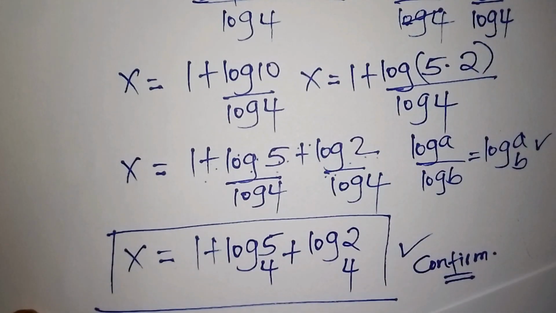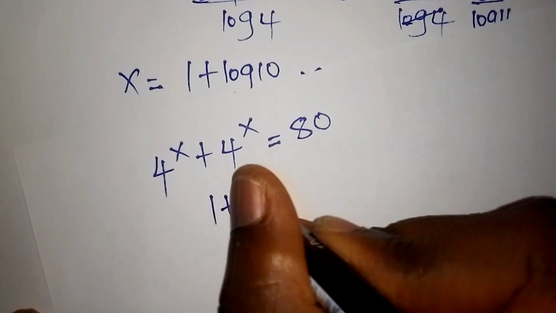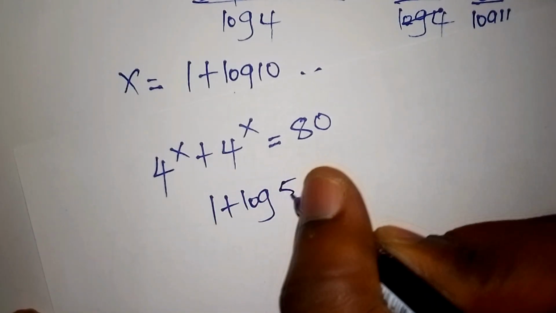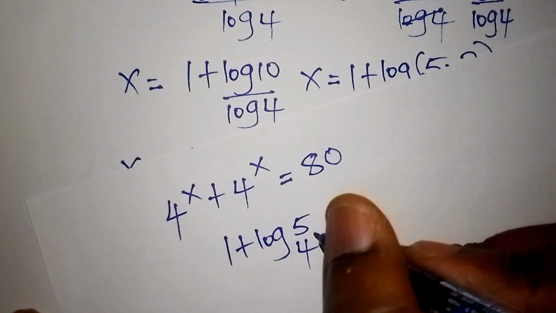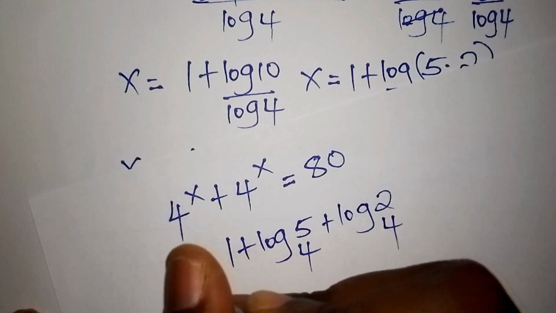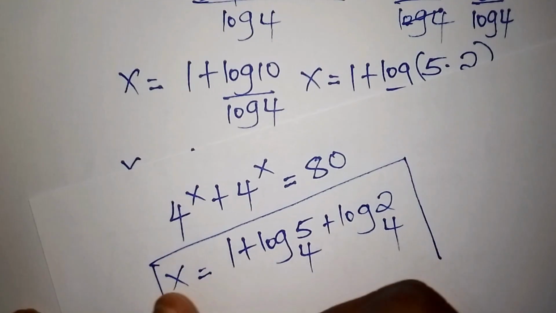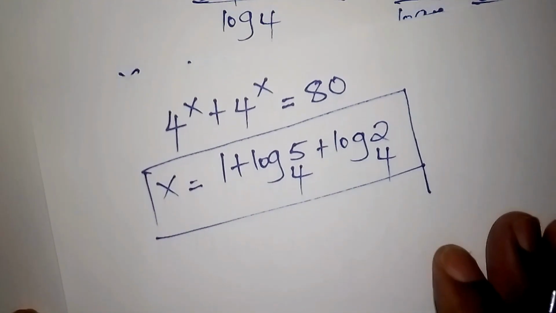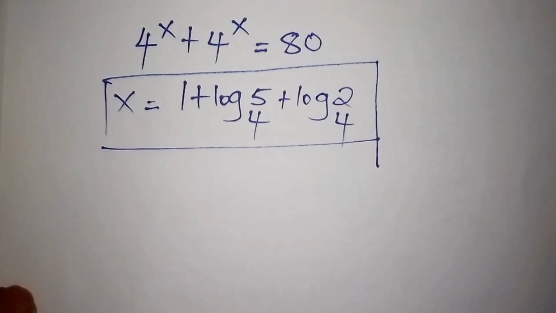So we got 1 plus the log of 5 to the base of 4, then plus the log of 2 to the base of 4. So this one was the answer to our value of x. So instead of writing x, we shall now have it this way.